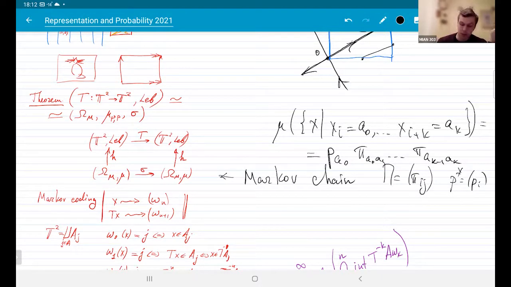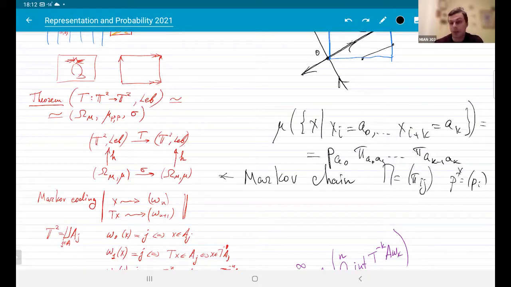Then, and sigma is just a shift to the left, so just the change of index by 1. And I say that if we have the system on a torus that was described above, then we have what is drawn here.